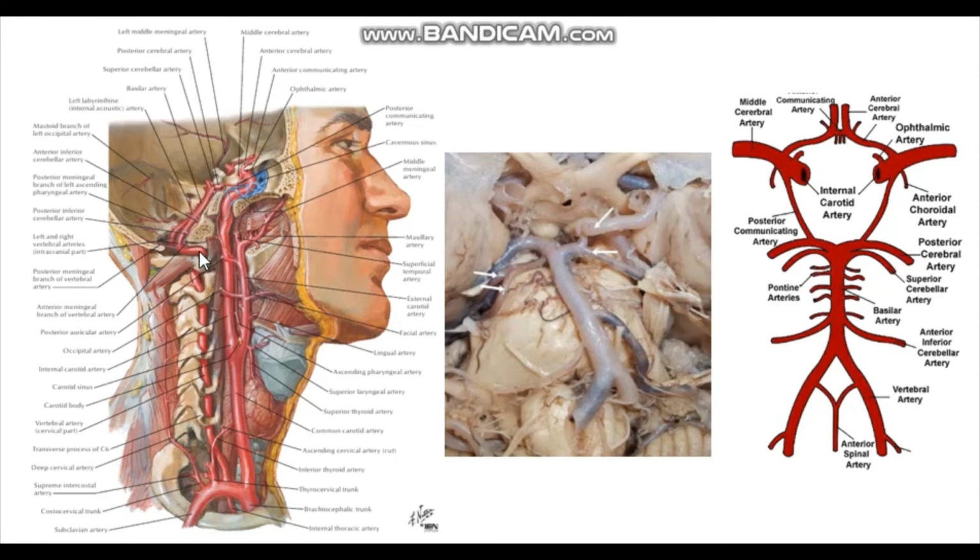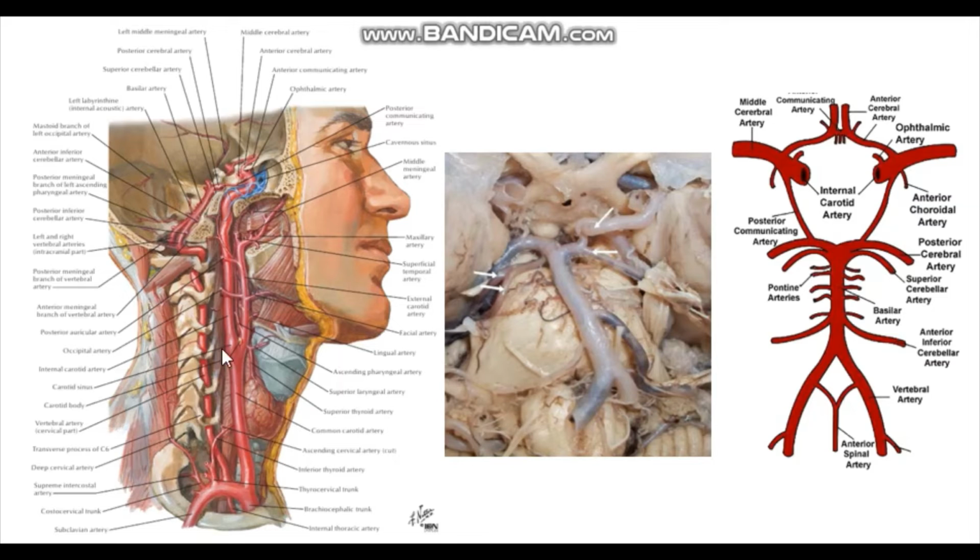Then it is located in the groove of the vertebral artery, penetrates the posterior atlanto-occipital membrane, and through the foramen magnum goes into the skull, where the two arteries fuse at the level of the lower margin of the pons and form the basilar artery, which terminates in the posterior cerebral arteries.